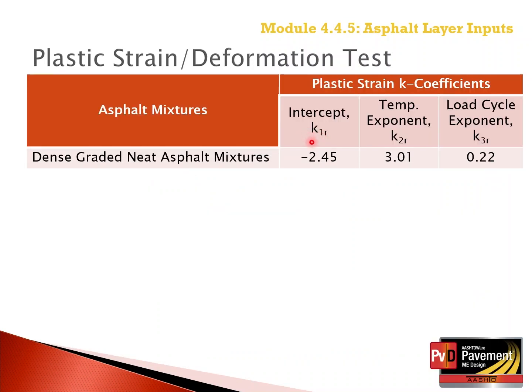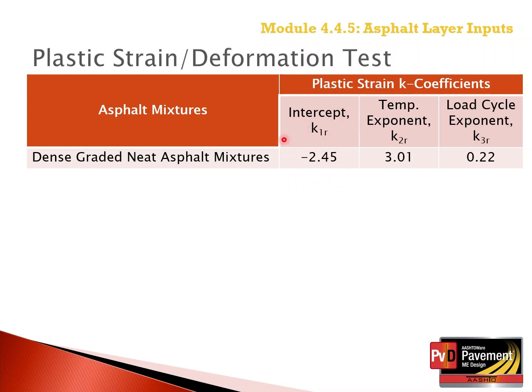This table shown on this slide provides the global coefficients for the asphalt rut depth transfer function for all dense graded asphalt mixtures. Only one set of coefficients was derived and used in the global calibration process because the majority of the test sections used in the calibration were for dense graded neat asphalt mixtures.